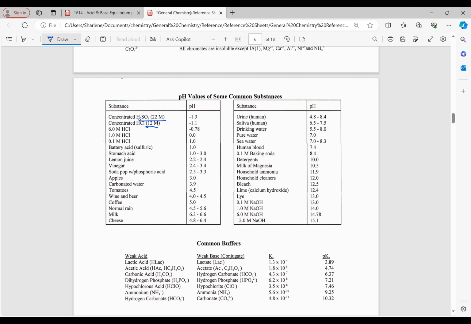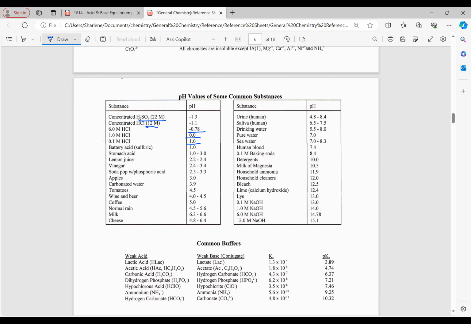All right, 6 molar is a negative 0.78. 1 molar is a nice pH of 0. What? pH of 0? Okay, I know that sounds weird, but it can be 0. And 0.1 molar is a pH of 1.